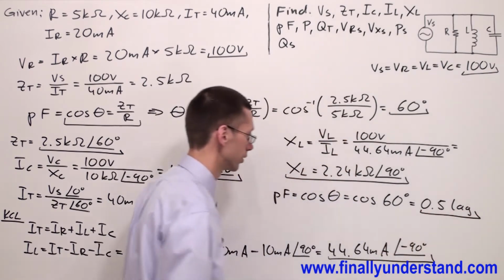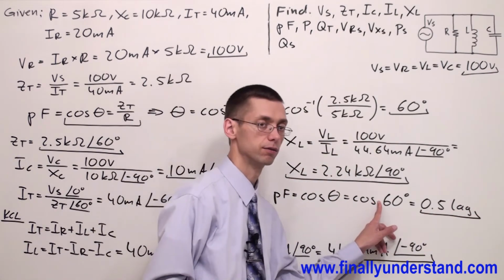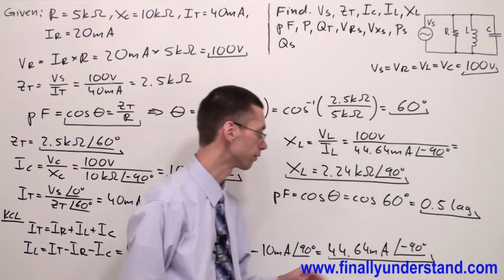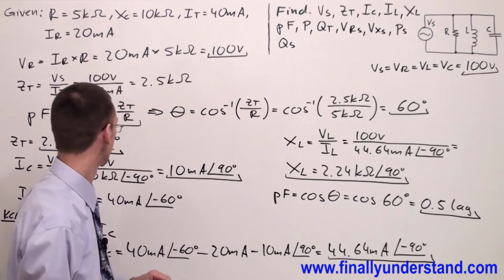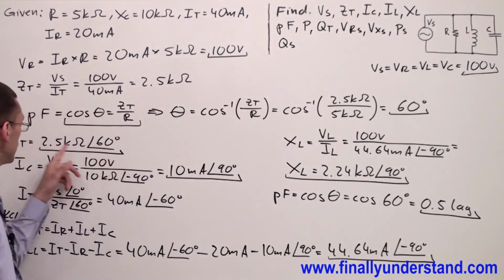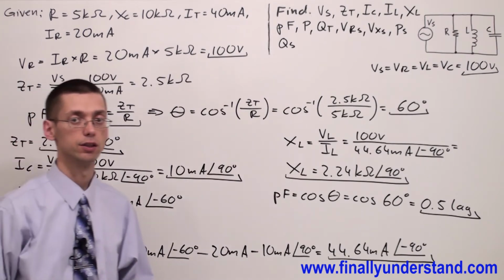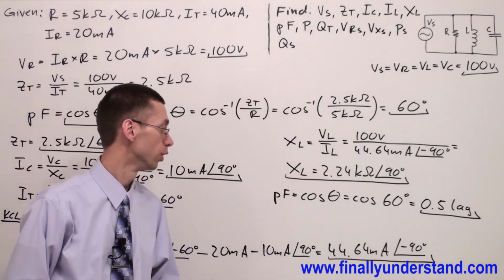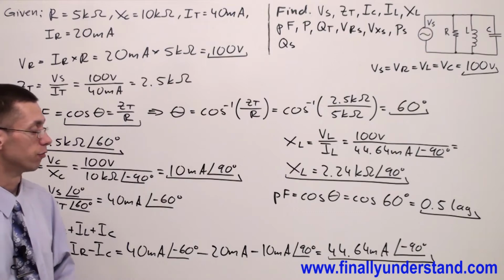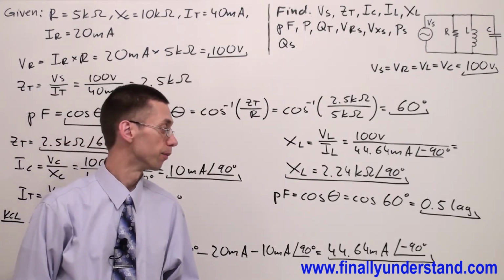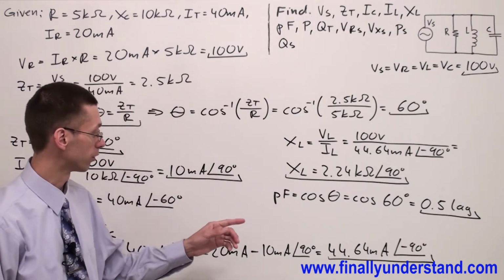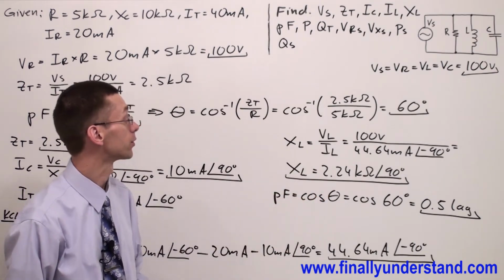Why lag? Because the angle is positive. Okay? If I have a positive angle next to Z total, the total current is going to lag the voltage source by, in this case, an angle of 60 degrees.